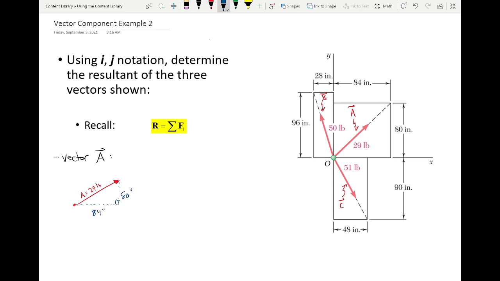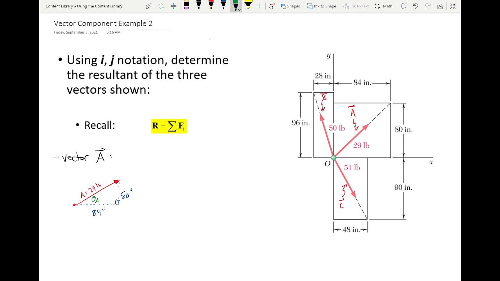I'm going to use those values to determine this angle. Let's call it theta A, because we're going to have a lot of angles here, so let's call it something unique.